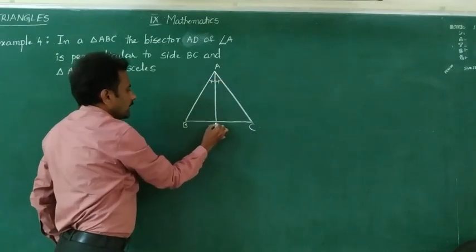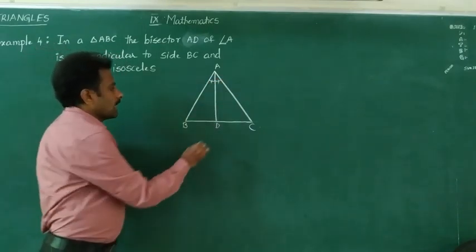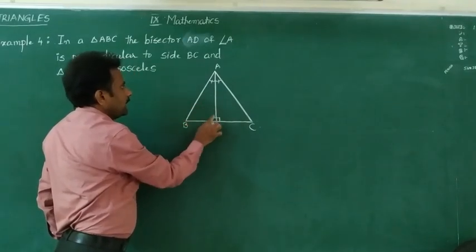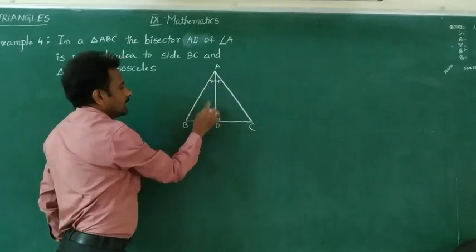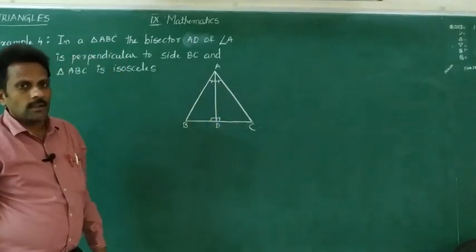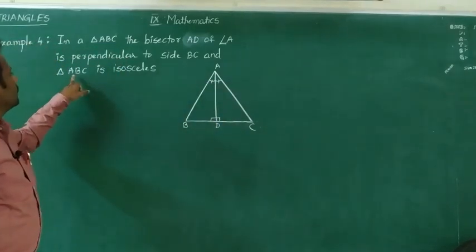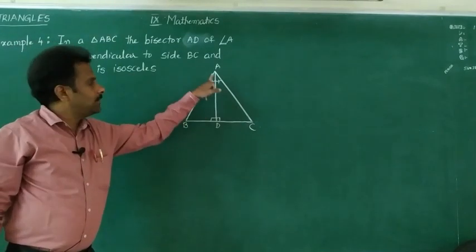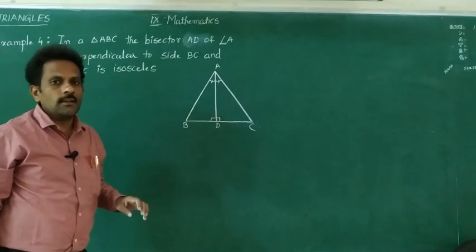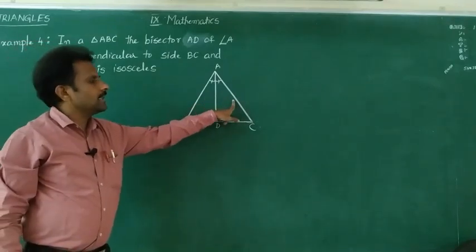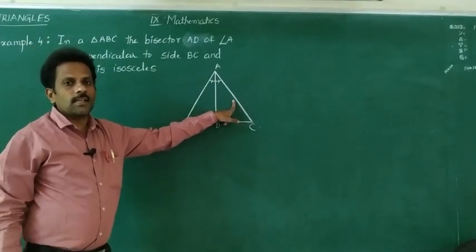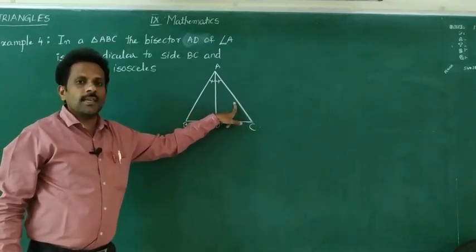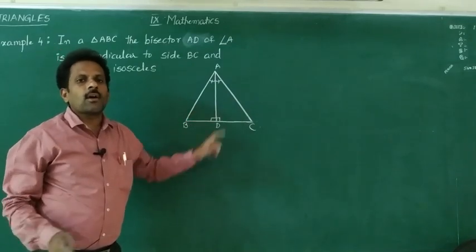AD is also perpendicular to BC, that means angle BDA as well as angle CDA is 90 degrees, it is given. Now we have to show that triangle ABC is an isosceles triangle. When will ABC become isosceles? When AB and AC are equal, when any two sides are equal. That means indirectly we have to show that AB is equal to AC with the help of congruency.